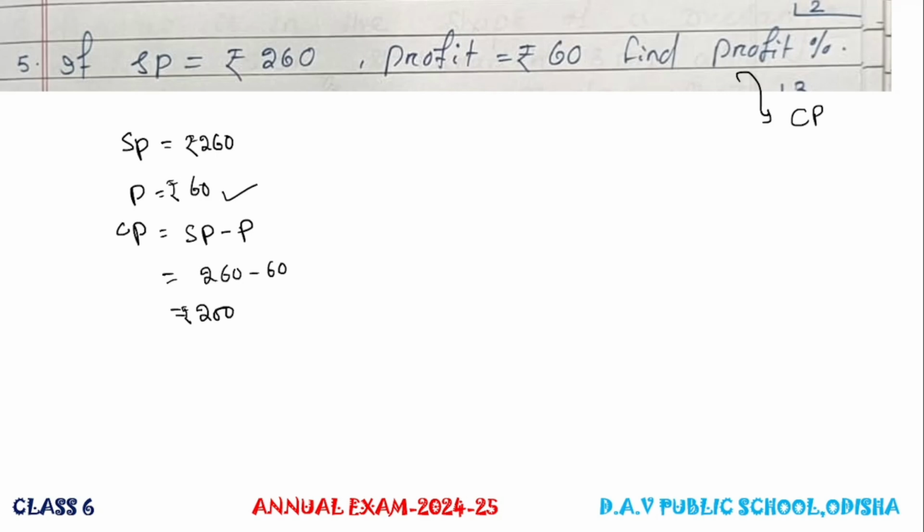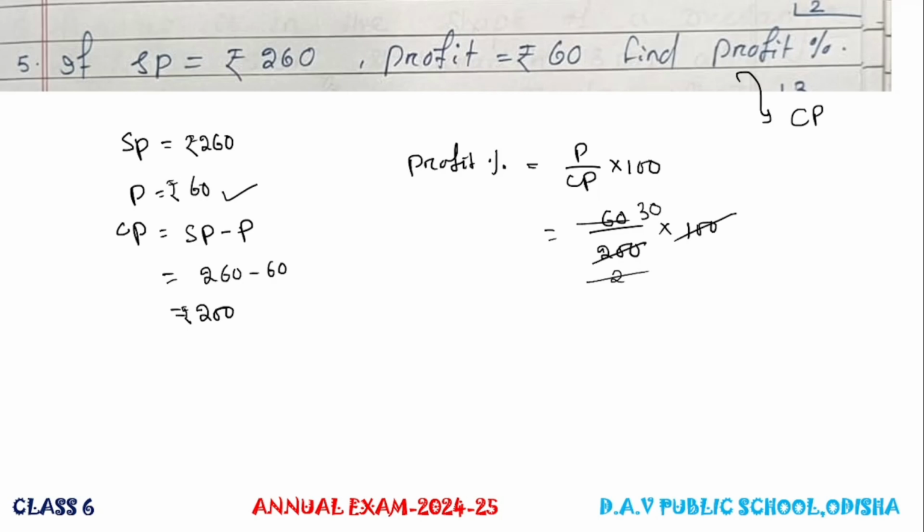Now we can find profit percent. Profit percentage equal to profit by CP into 100. Yes or no? Now put the values, that is 60 divided by 200 into 100. So 2 times 100 is 200, and 2 times 30 is 60. So the answer is 30%. All of you clear?